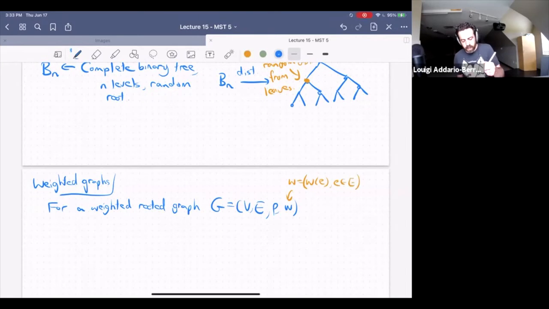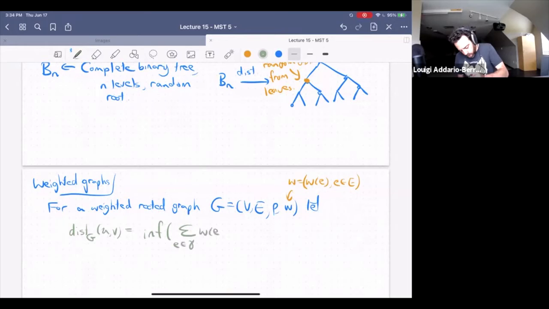Remember I said that we're going to think of the edge weights as lengths, and so we can use them to define a distance between vertices of the graph. We'll define the distance between vertices u and v in this weighted graph G to be the smallest weight of any path between u and v in the graph.